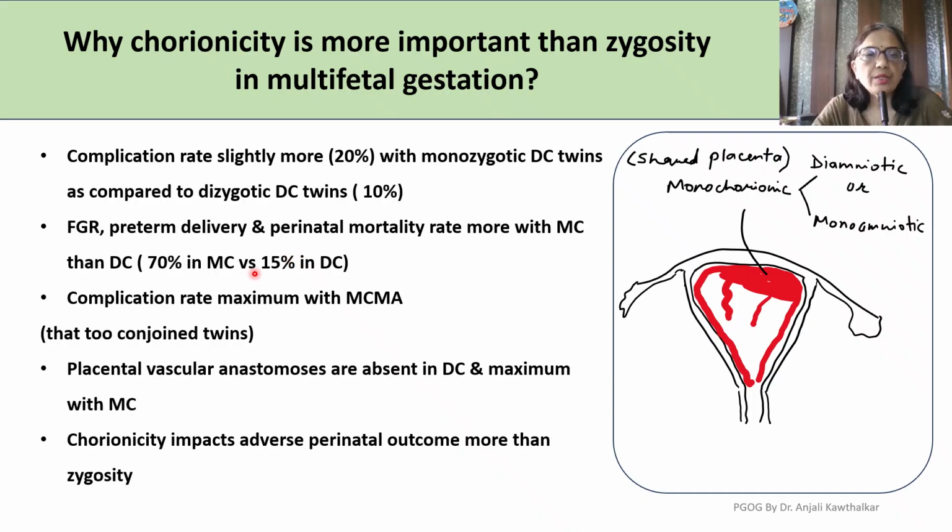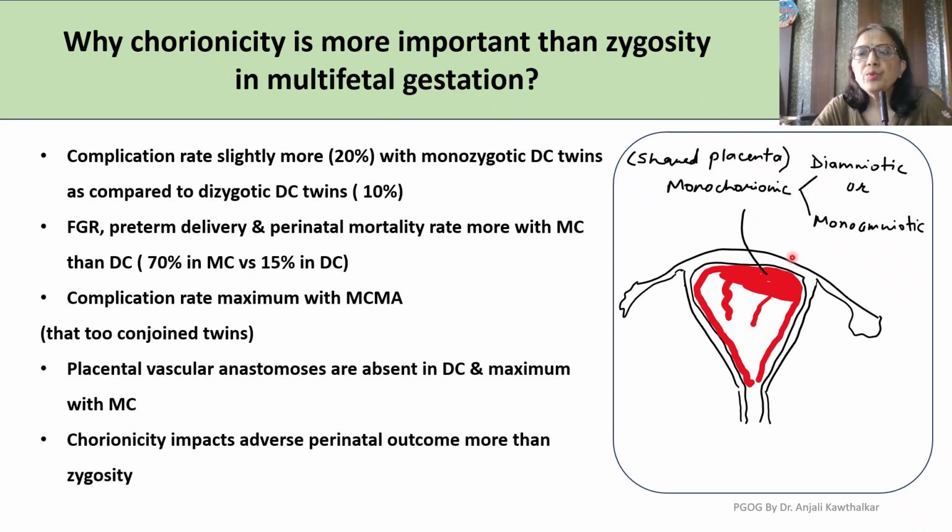Complication rate is maximum with monochorionic monoamniotic pregnancy, and especially with conjoined twins, complications are even worse. Placental vascular anastomoses are absent in dichorionic pregnancies, whereas these anastomoses are maximum with monochorionic pregnancy. Chorionicity impacts adverse perinatal outcome more than zygosity.